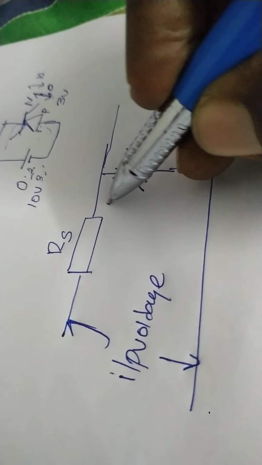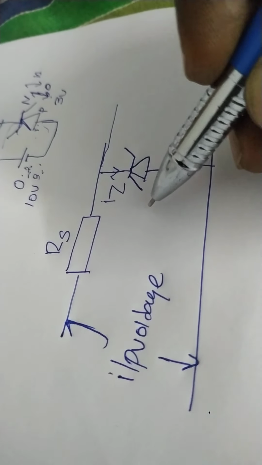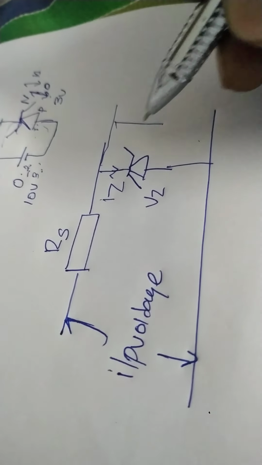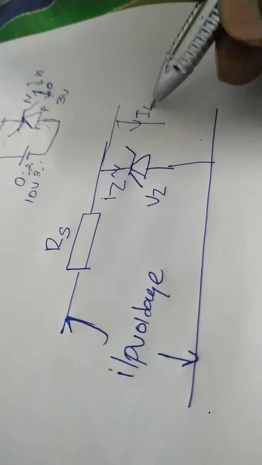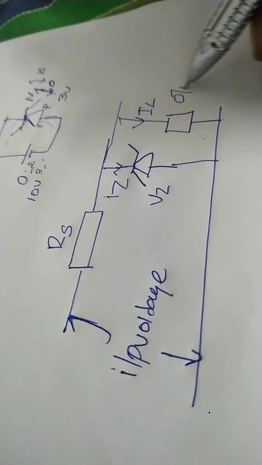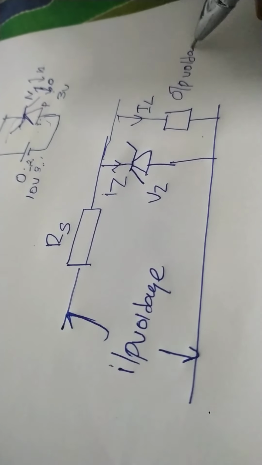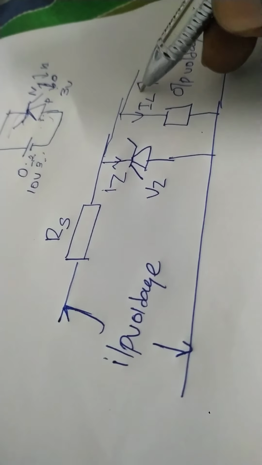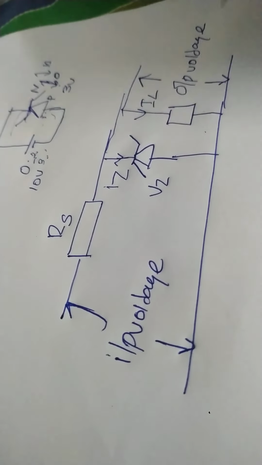Through here the current flows, the voltage developed across the Zener diode, then IL the load current, and the output voltage is taken from here.